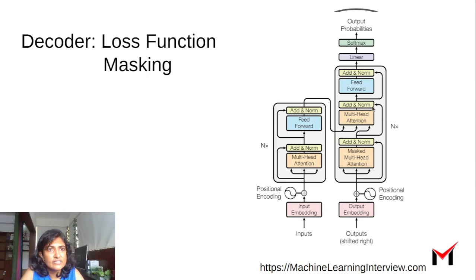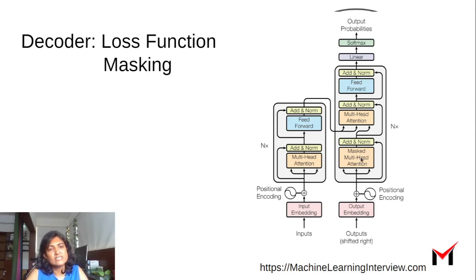One thing that is different on the decoder side is the loss function. The loss layer is something that we need to choose depending on the application at hand. Another interesting part is that here we are using masked multi-head attention instead of plain multi-head attention.